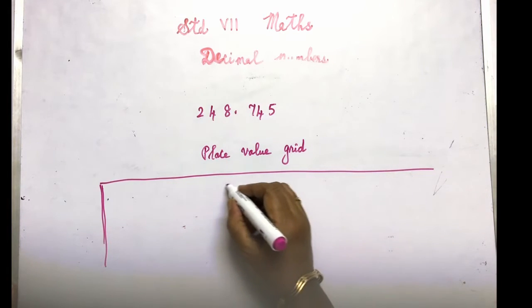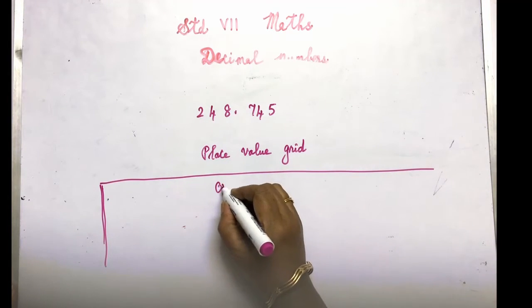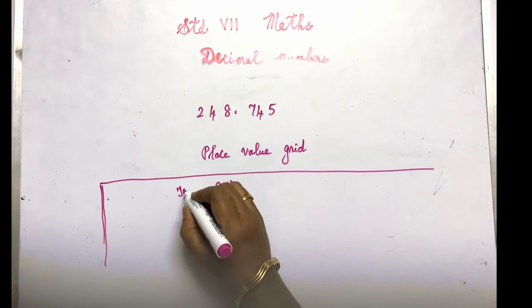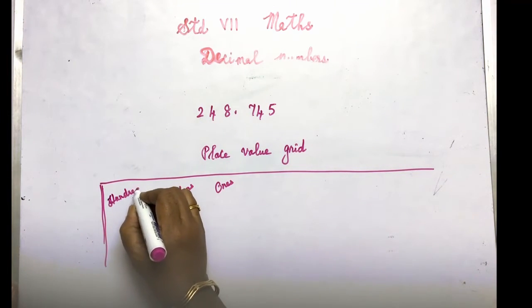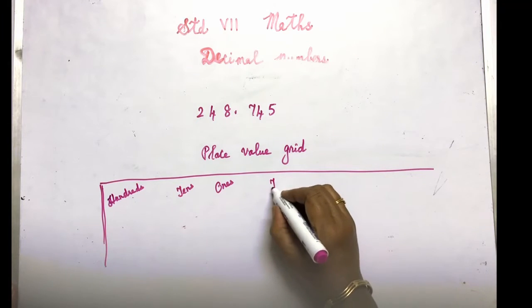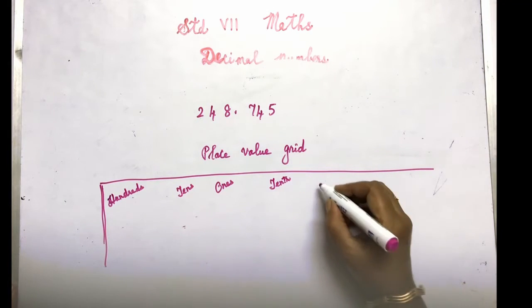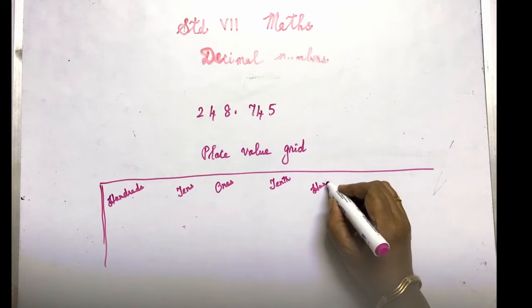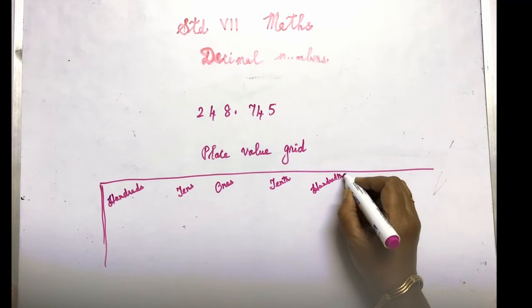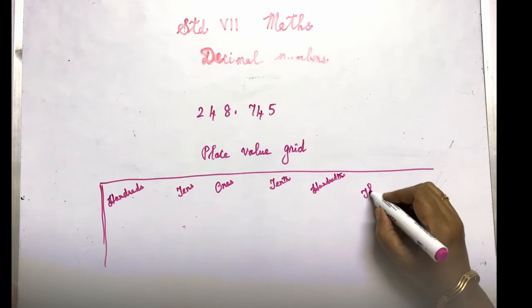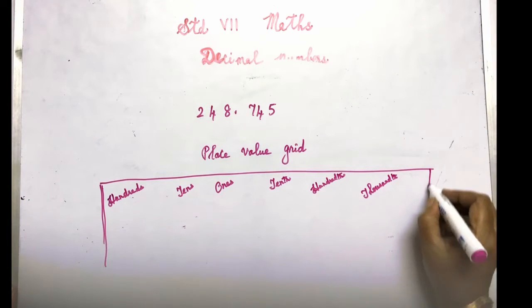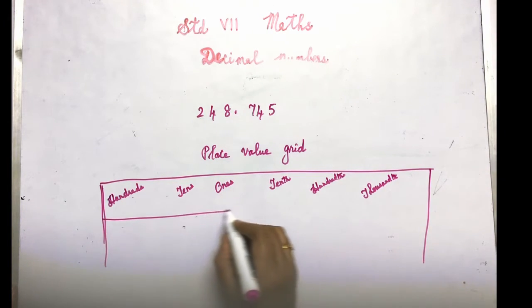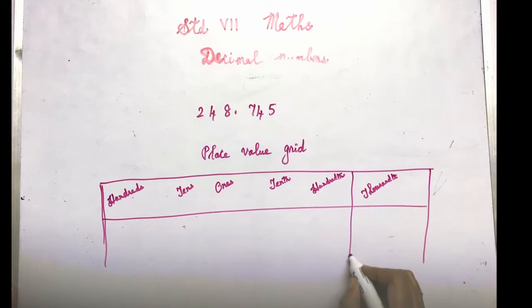Now we will write the place values: ones place, tens place, hundreds place, and next one is tenths place, hundredths place, and next one is thousandths place. We have to draw lines like this.